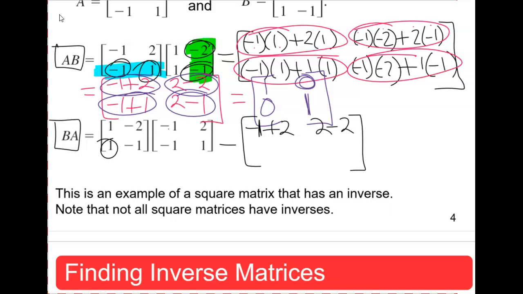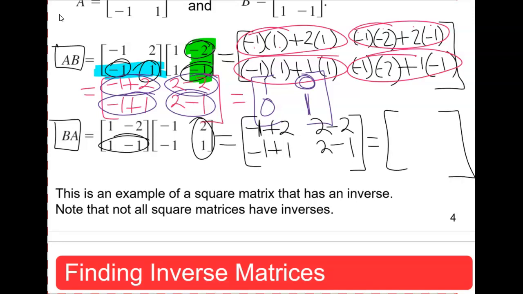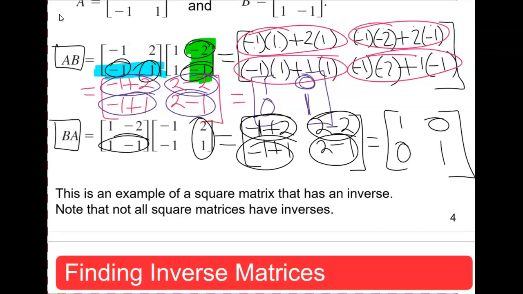So +1 times -1 is -1. -1 times -1 is a +1. And then we move on to second row, second column. So 1 times 2 is 2. -1 times +1 is -1. So here we will have -1 plus 2 is 1. 2 minus 2 is 0. -1 plus 1 is 0. And 2 minus 1 is 1.